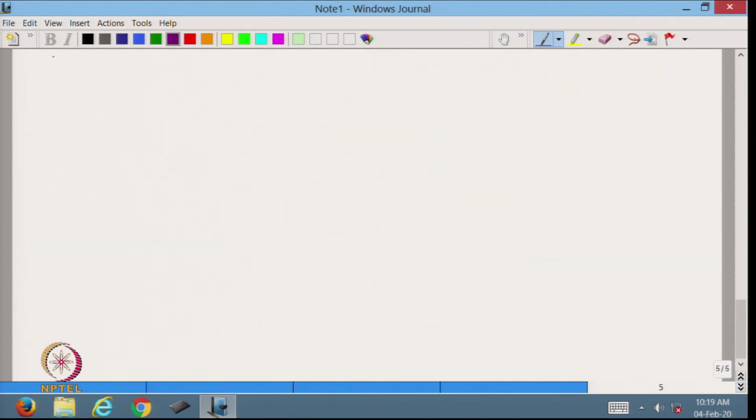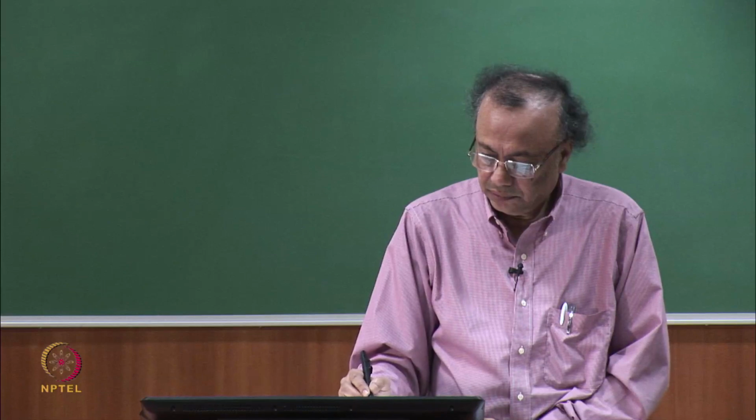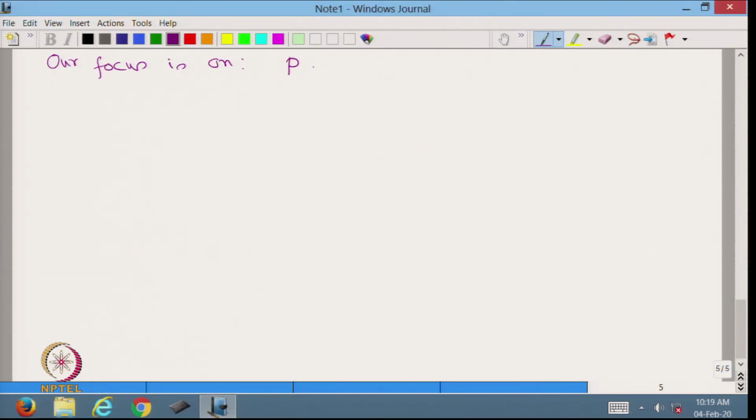So, our focus is on rho not equal to 0 and rho not equal to 1, that is 0 strictly less than mod rho strictly less than 1.